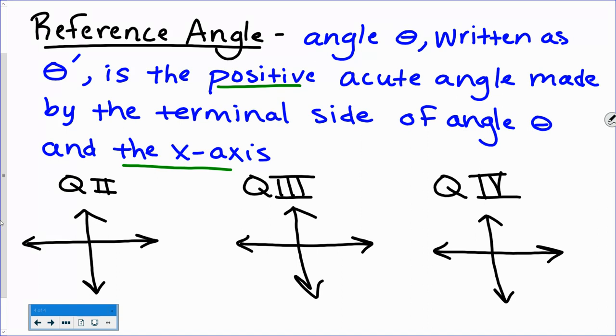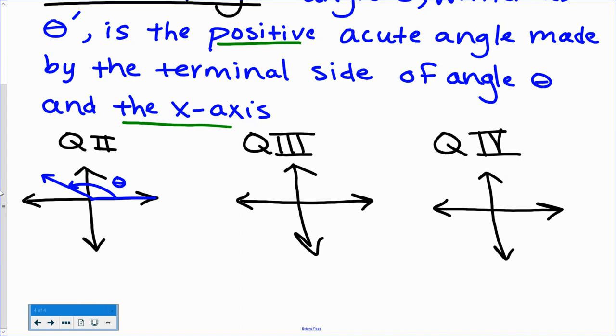All right, so if I have some angle that lands in quadrant 2, so remember this would be your starting, and then just draw a ray somewhere in quadrant 2. That would represent theta. All right, so when I calculate the reference angle, my theta prime will be this region right in here.